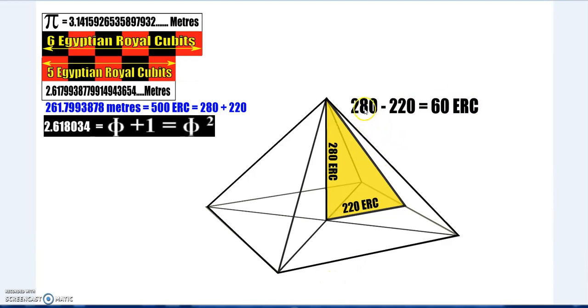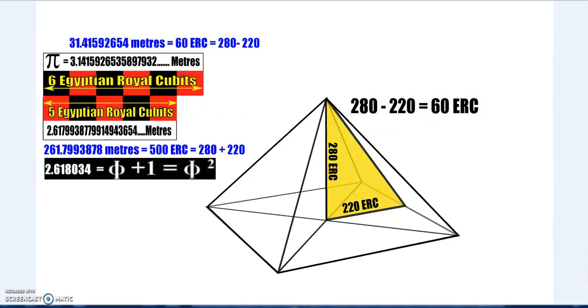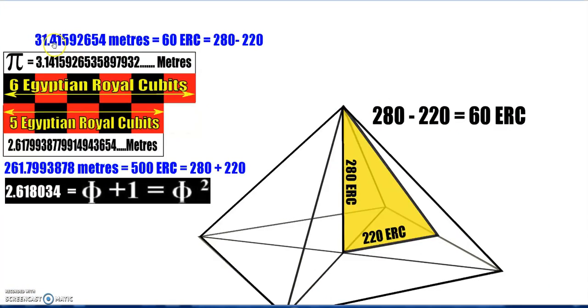If we subtract them, we get 280 minus 220 equals 60 Egyptian Royal Cubits, which is pi times 10 meters. So 6 Egyptian Royal Cubits, by definition, is, again, within all but the highest level of measurement, pi meters. And so it's 60 Egyptian Royal Cubits, 280 minus 220 equals pi times 10.